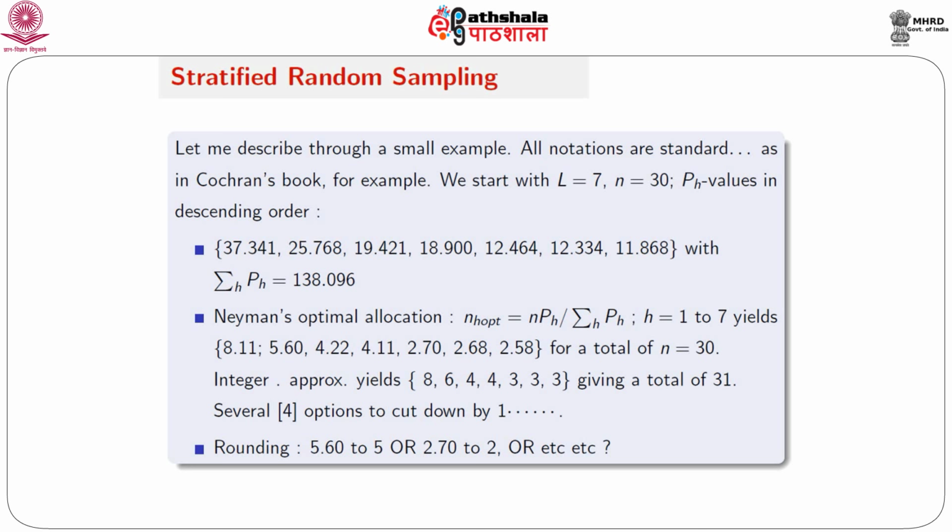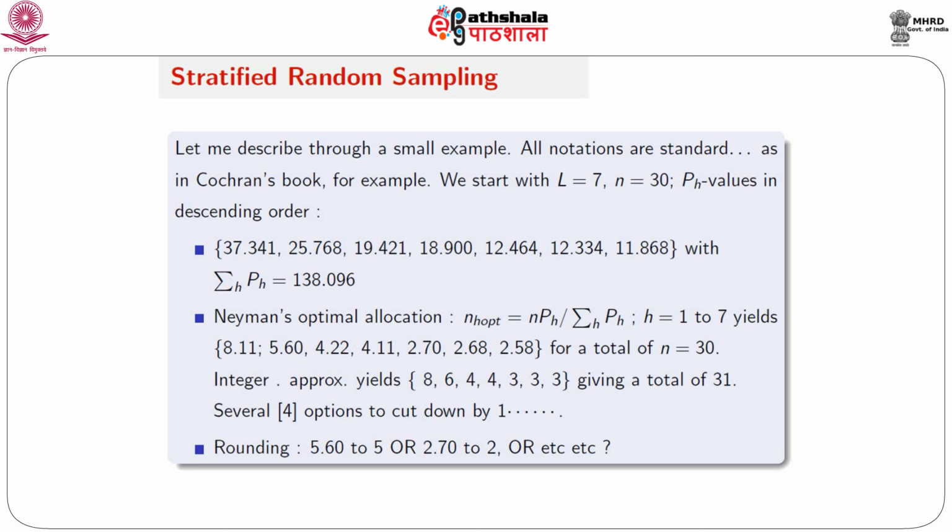However, I have to do integer approximation. So, let us see what we are up to. 8.11 we write as 8, 5.60 we write as 6, 4.22 we write as 4, etc. We are just making an integer approximation to these numbers, giving 8, 6, 4, 4, 3, 3, 3, just by numerical rounding.